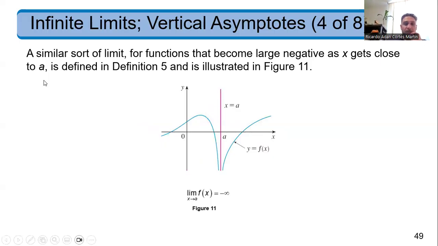Okay, and what happens if it goes to a negative value? If every time it is more negative, more negative, more negative, then we're going to say that the limit of the function is minus infinity. It can happen, and notice that it is not the same.